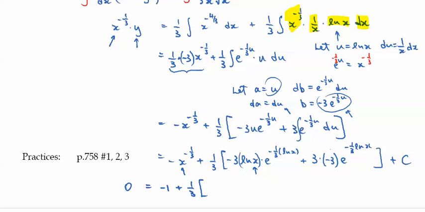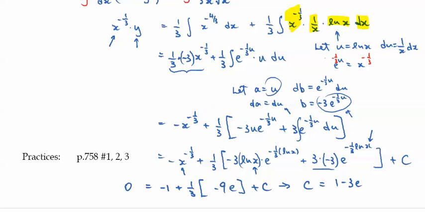When x equals 1, ln x will be 0, turning the whole thing into 0. So that would just give us negative 9. 3 times negative 3 equals 9. And when x equals 1, that turns into 0, e to the power of 0 equals 1. Plus c. So that means we have the constant term here. That will turn into 1 minus 3e.